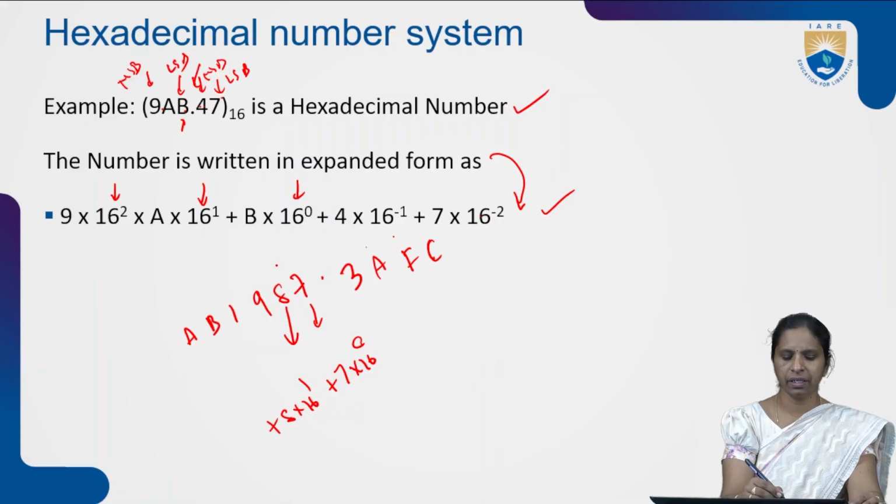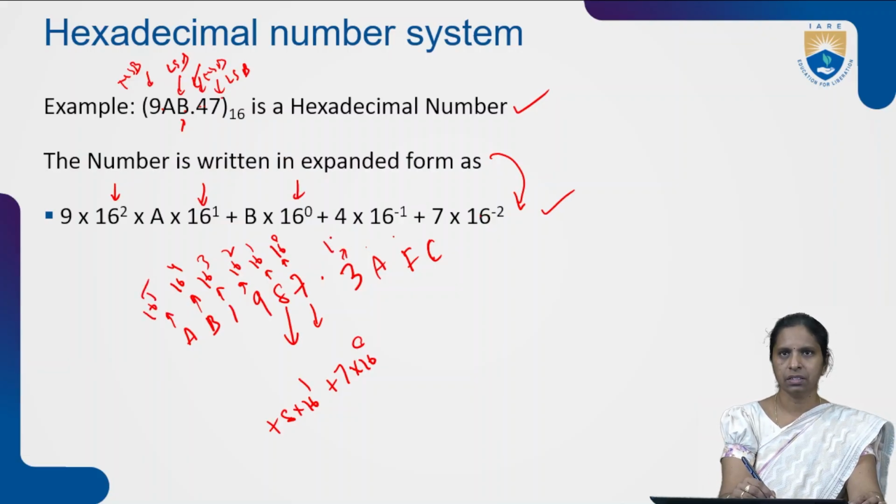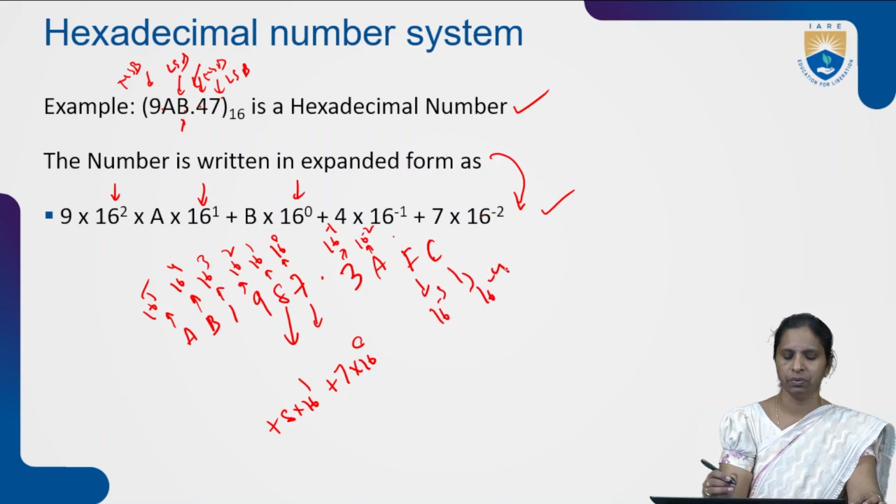And the weight of 8 is 16 power 1. The weights go 16 power 0, 16 power 1, 16 power 2, 16 power 3, 16 power 4, 16 power 5, and after the decimal point, it starts from 16 power minus 1, then 16 power minus 2, 16 power minus 3 and 16 power minus 4.